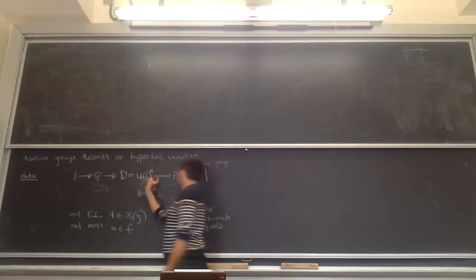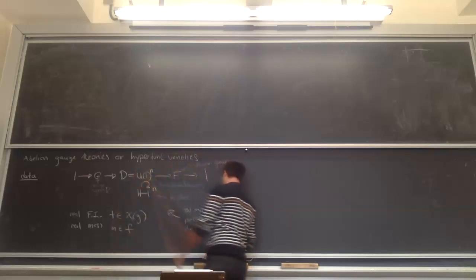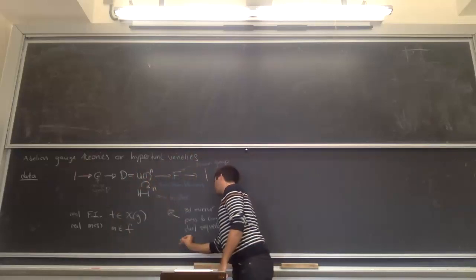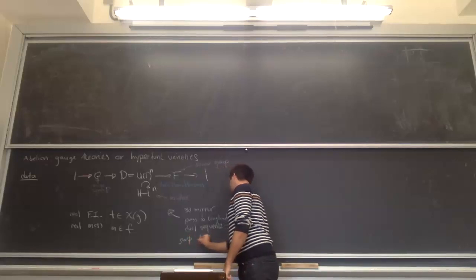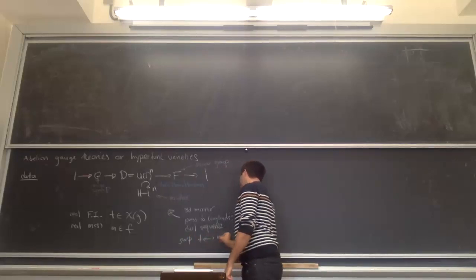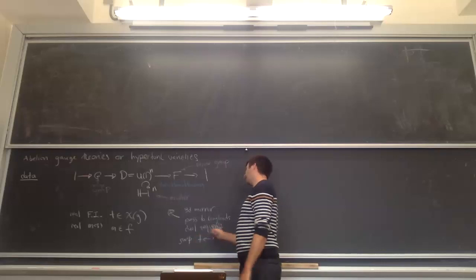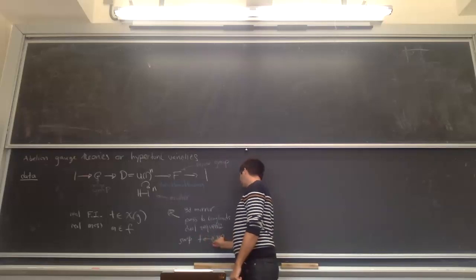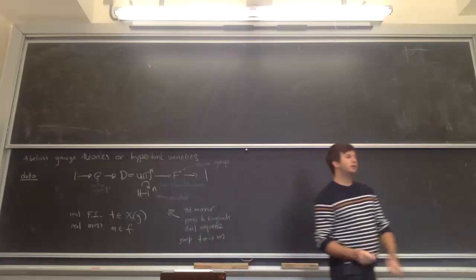So this group I've trivialized, so it's just going to get fixed by the Langlands duality, and then you just swap the T and the M. And then sometimes you might need to put in a sign. There's a couple of different conventions. I'm not going to be careful about it.